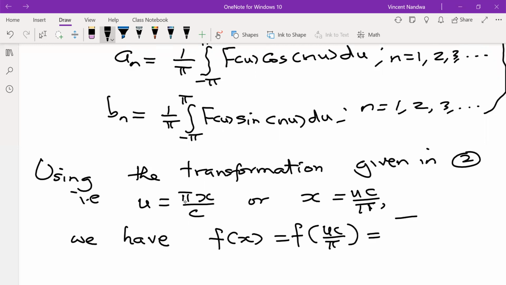Remember this is what I called capital F of u, because now this is a function of u.